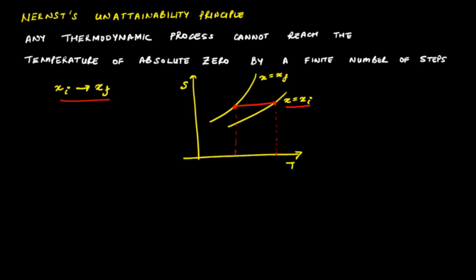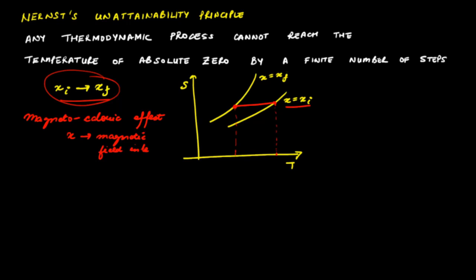So similarly, one can vary any independent thermodynamic variable and reduce the temperature of the system by changing that thermodynamic variable. Typically, very low temperatures are attained using the so-called magnetocaloric effect, where cooling is achieved through adiabatic demagnetization. There, x is the magnetic field intensity.